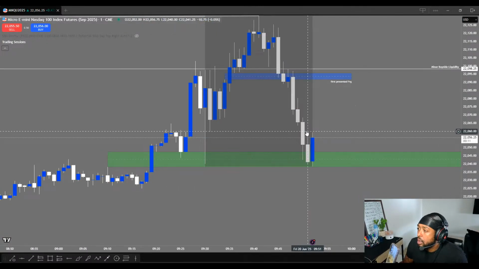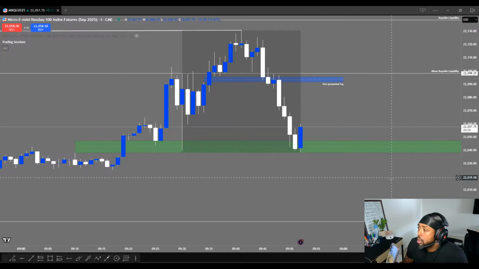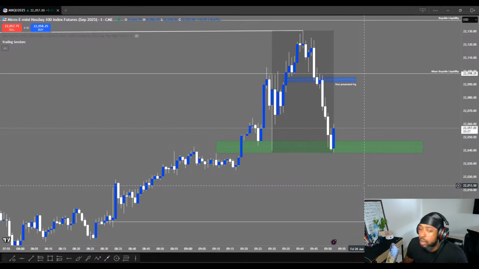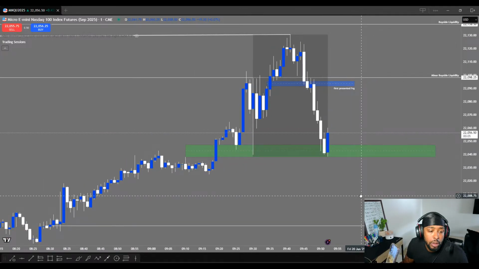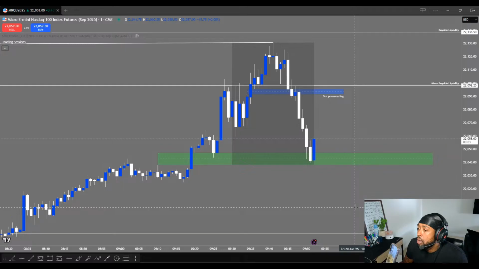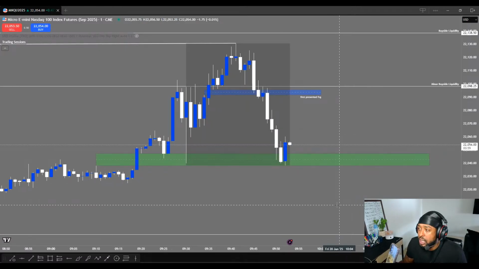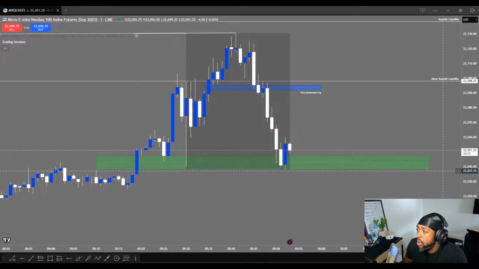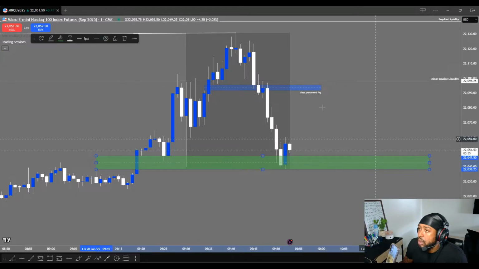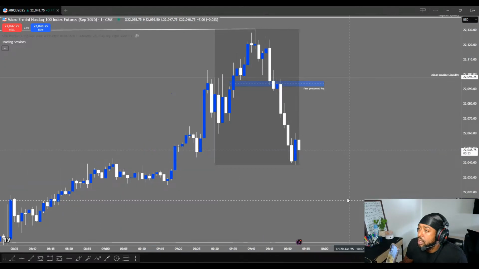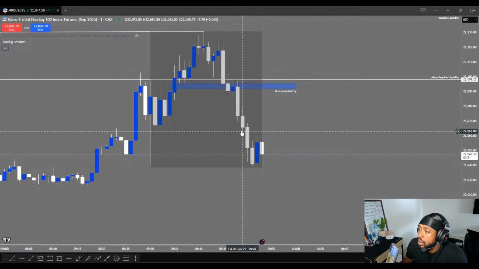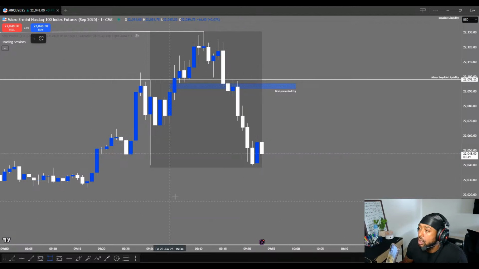So it pulled back. Remember, the market needs to retrace to go lower. So it's about understanding where do you get in at. So let's see. I'm gonna delete that zone right there. So you see how it pulled back to an inefficiency, which was right here.